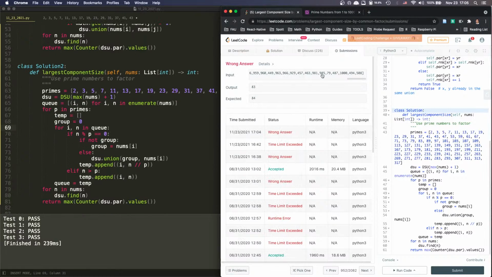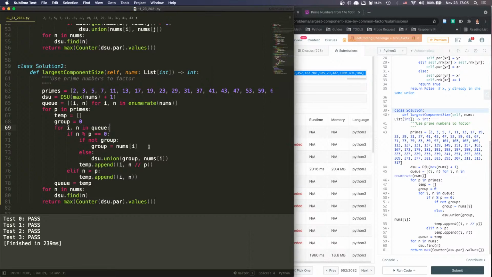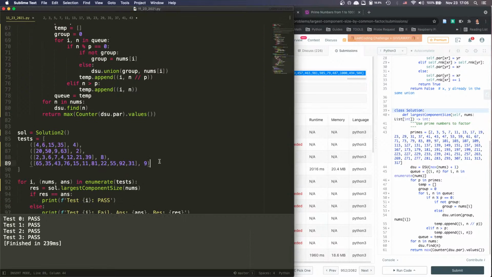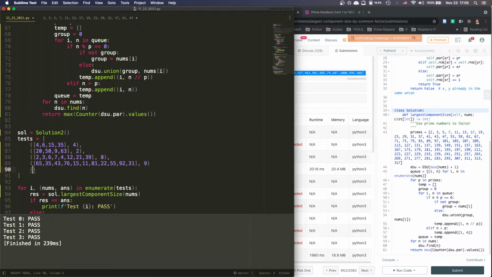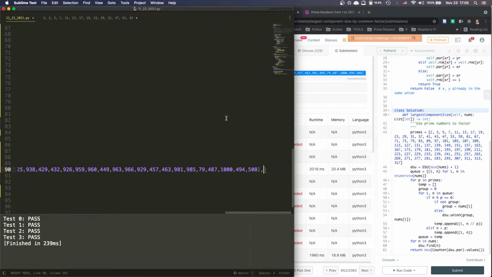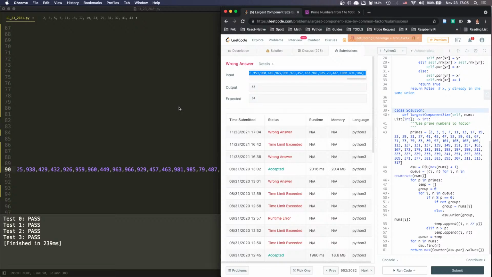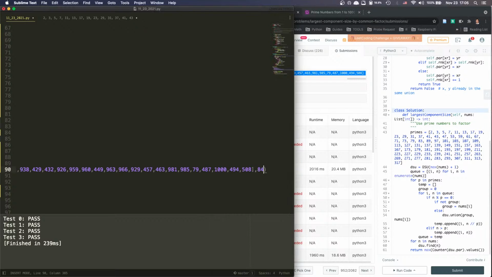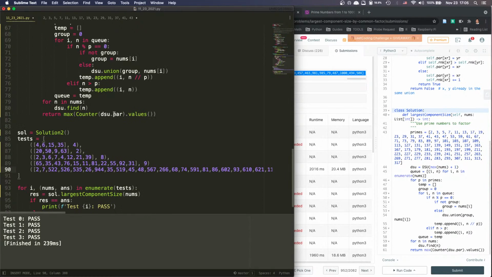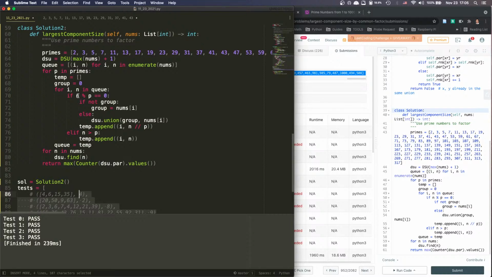And actually, I think we're even gonna hit, like if I provide a large prime number, isn't this going to be 84? I just realized, like, if I provide a large prime number, this loop will never end because it will never be 1, and it will always be larger.